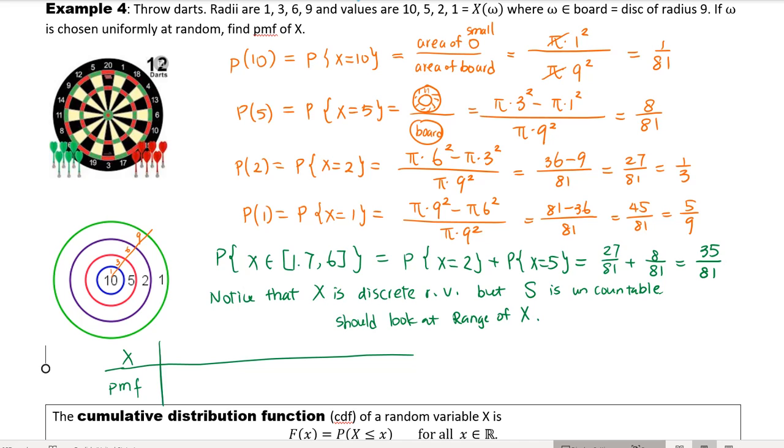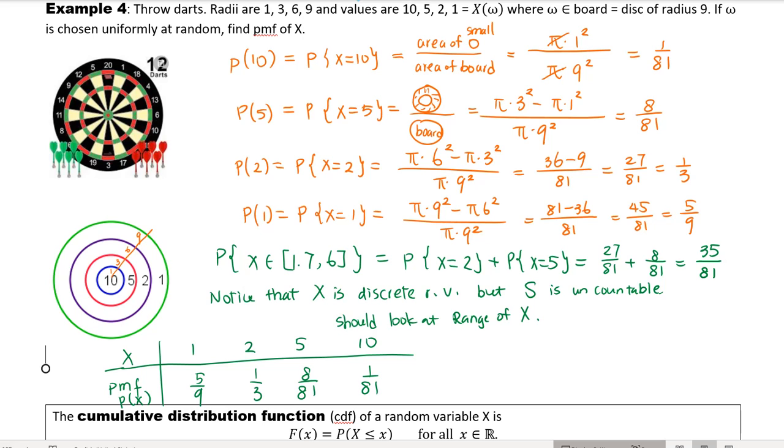So x could be 1, 2, 5, 10, and for 1, the PMF P of x equals 5 over 9. When x is 2, P of 2 is 1/3. When x is 5, P of 5 is 8 over 81. And when x is 10, we get P of x is 1 over 81. So we can write it down in a table like this.